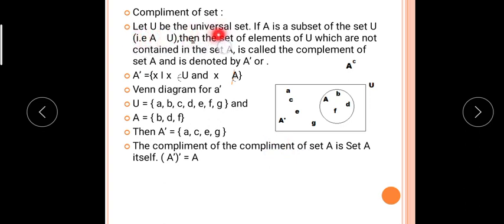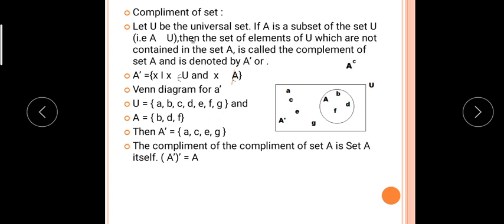Now let U be the universal set and A a subset of U. Then the set of the elements of U which are not contained in set A is called the complement of A. For example, the universal set has the numbers 1 to 10 and set A has the numbers 1 to 5. Then what is the complement? The numbers which are not in A but are in the universal set.